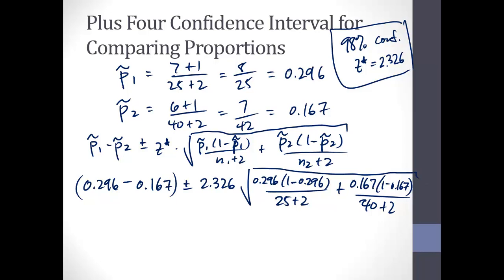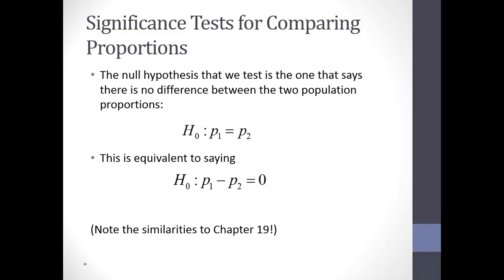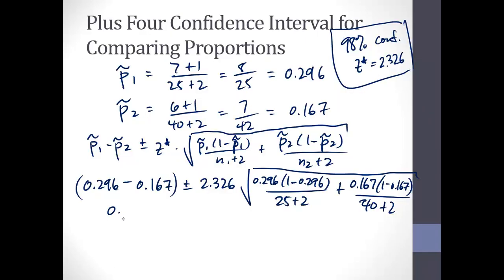If you punch that into your calculator, you will get 0.129 plus or minus 0.244, which is negative 0.115 up to 0.373.